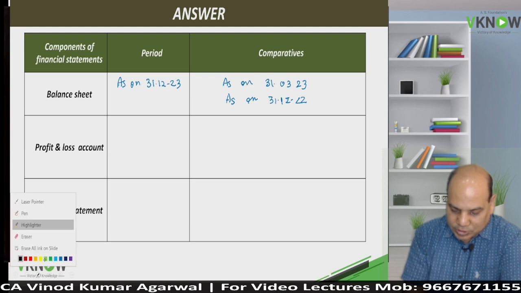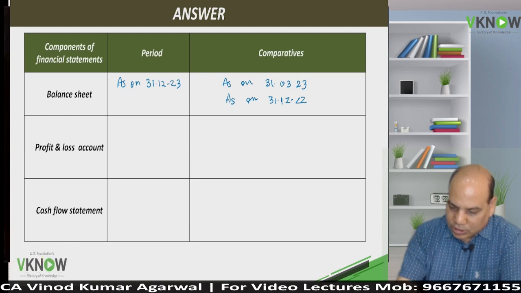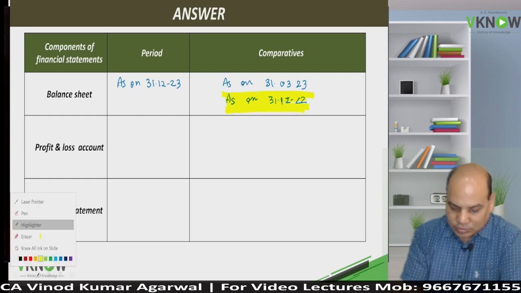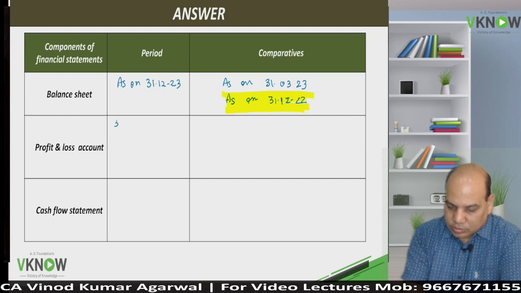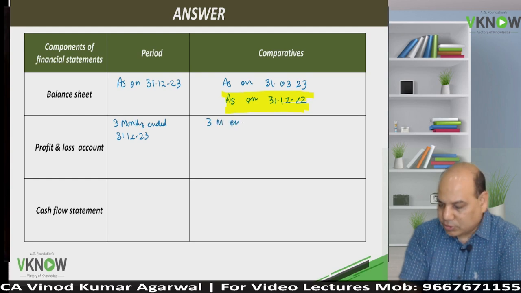For seasonal business, we are going to highlight also additional items. P&L account: 3 months ended 31/12/23. Comparative will be 3 months ended 31/12/22.